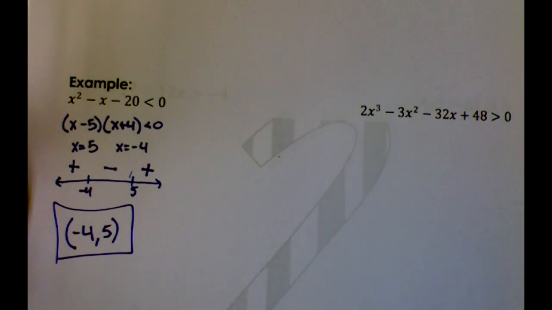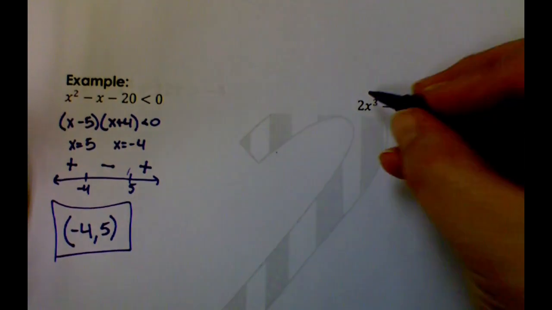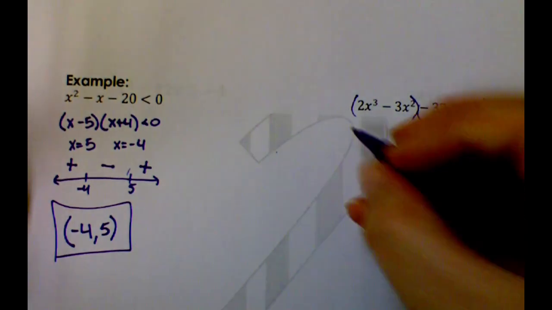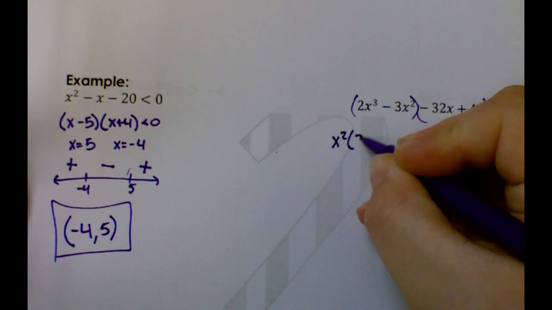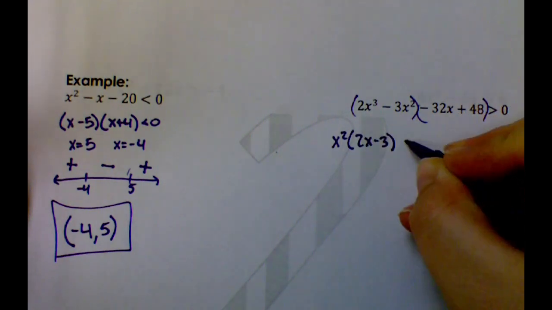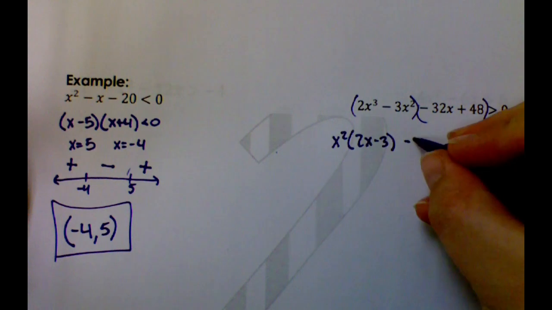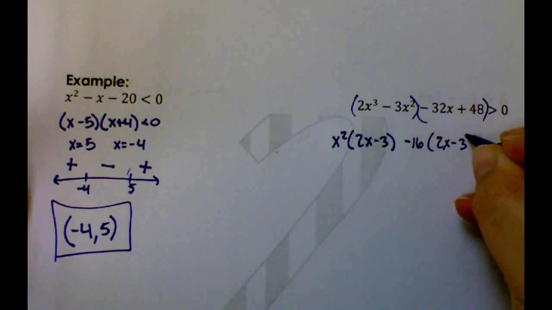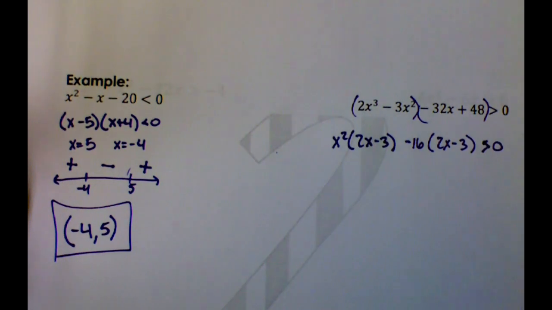This next one, well, the only way to factor with 4 terms that we know of is to factor by grouping. My GCF of the first 2 terms is x squared, leaving me 2x minus 3. My GCF of the last 2 terms, I believe, is minus 16, which leaves me 2x minus 3. Ooh, greater than 0 this time.